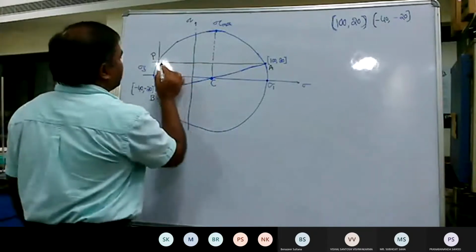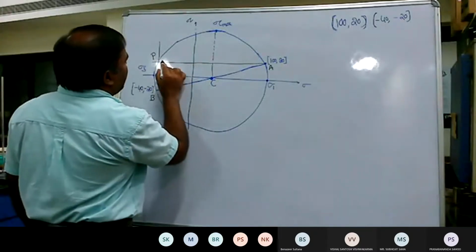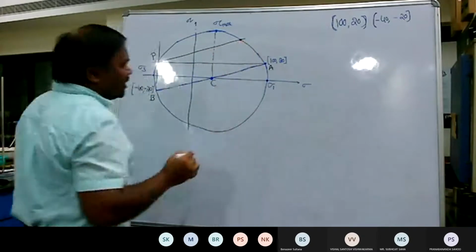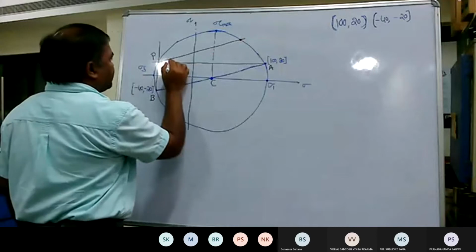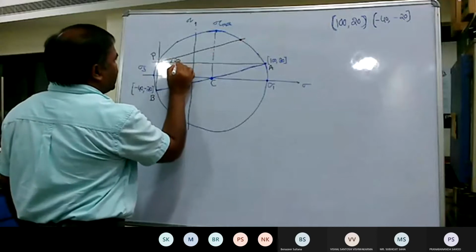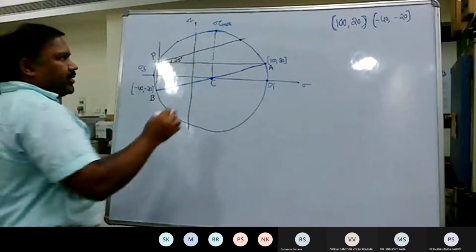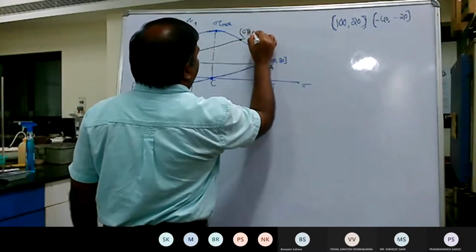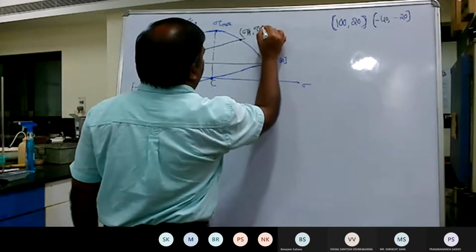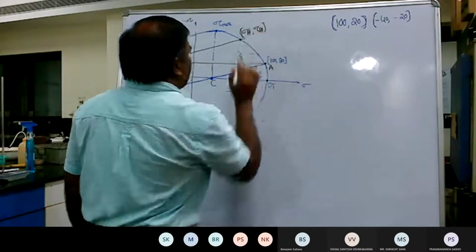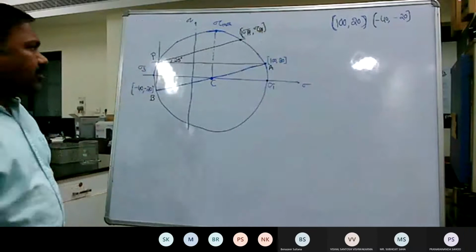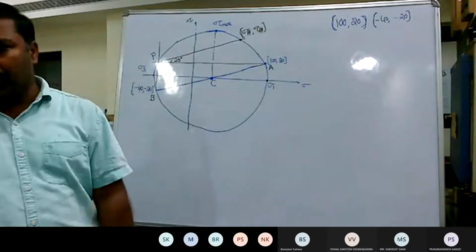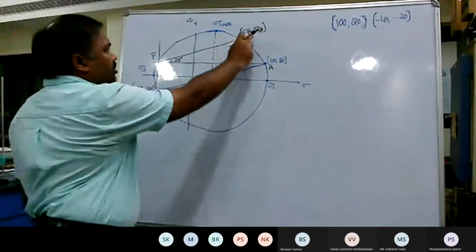This meets the Mohr circle somewhere here. So this is the 25 degrees. This gives the normal stress sigma f and shear stress tau f, which are acting on the inclined plane that makes an inclination of 25 degrees with respect to the horizontal. So this is what you need to determine.